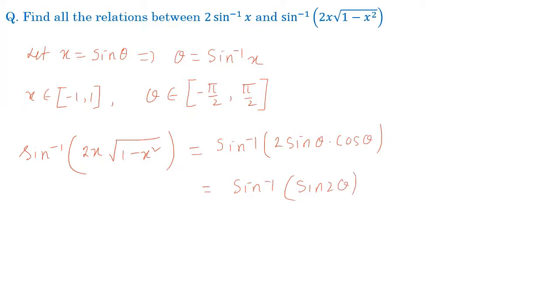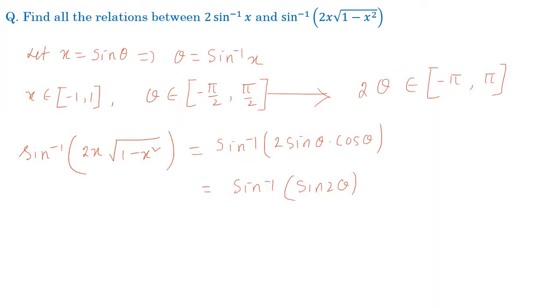But here we cannot remove sine 2 theta directly, because theta belongs to minus pi by 2 up to pi by 2, therefore 2 theta belongs to minus pi up to pi. So 2 theta is not in the principal branch of the sine inverse function. So therefore we cannot directly remove this sine inverse sine here.